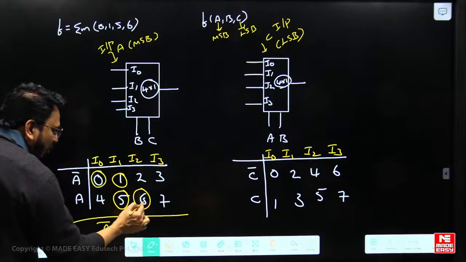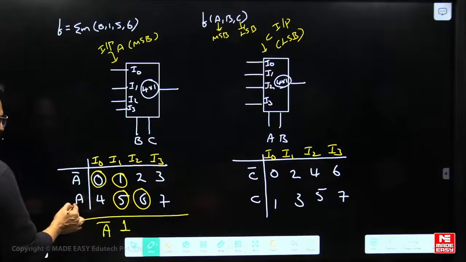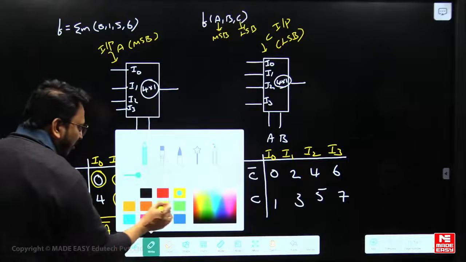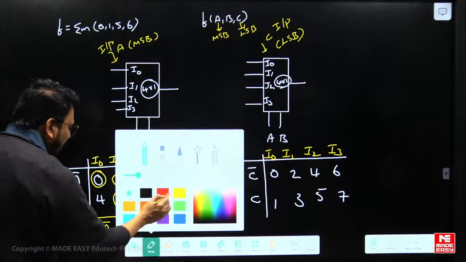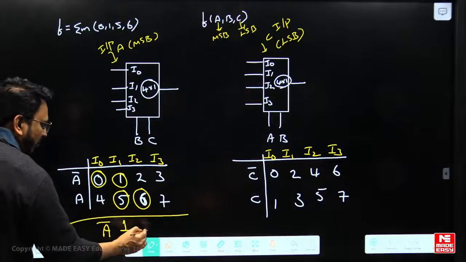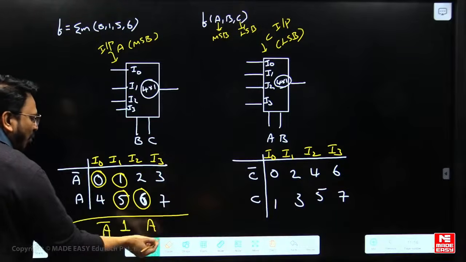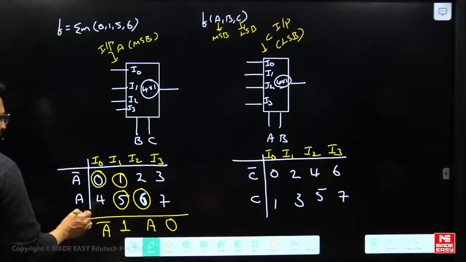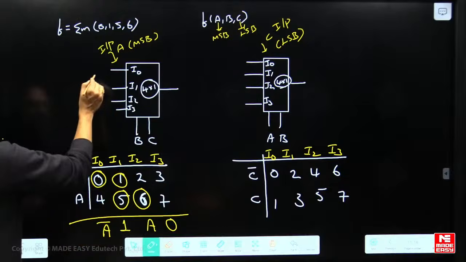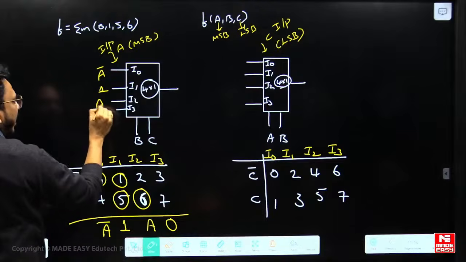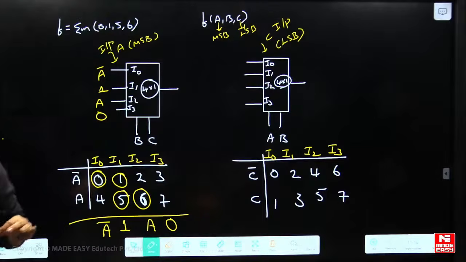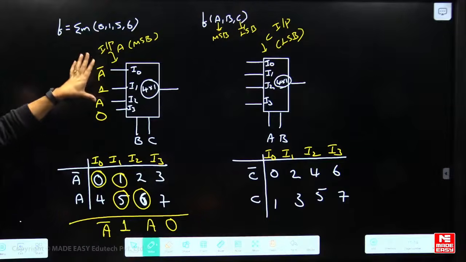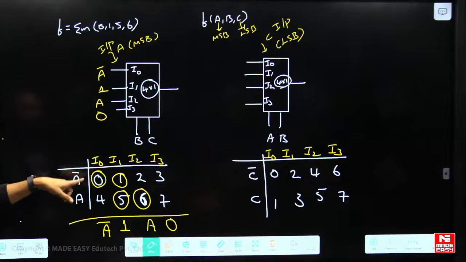In the column where only 6 is rounded, in front of 6 it is A, so write A. In the column where none is rounded, write 0. So the inputs are A bar, 1, A, 0. This is how the input should be written using the shortcut technique.